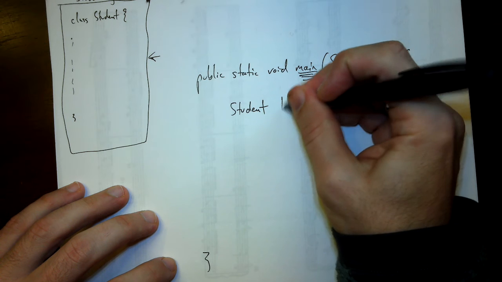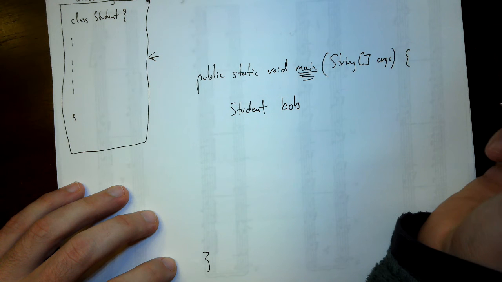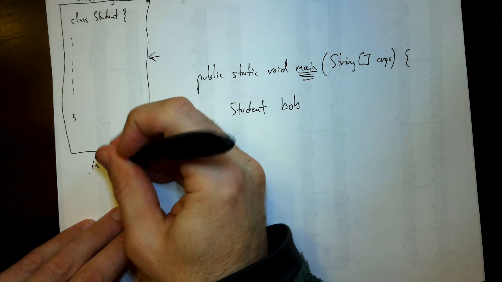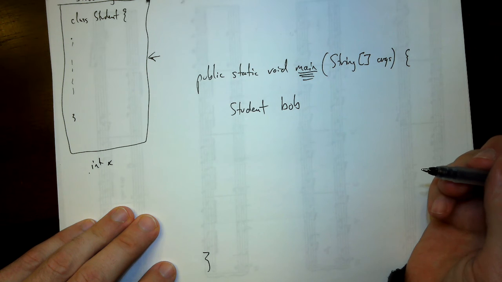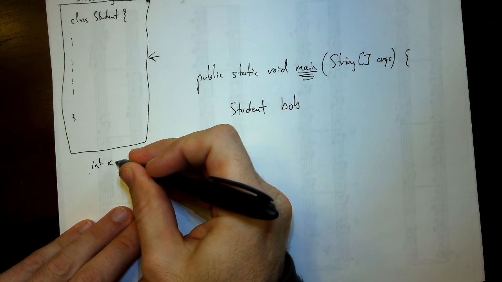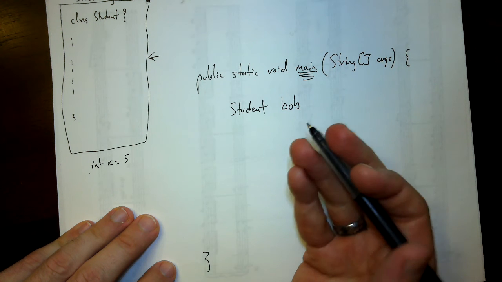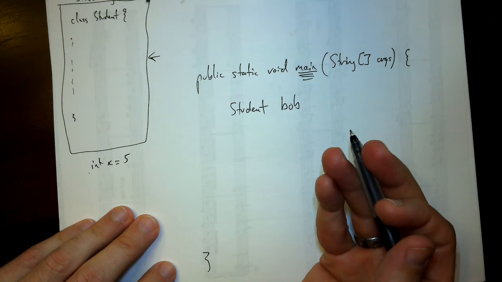Bob. That's just a variable name. That's exactly like saying int x. But if I have int x, I want to set it to 5 or something like that. I can't do that with Bob. I can't just say Bob equals 5.